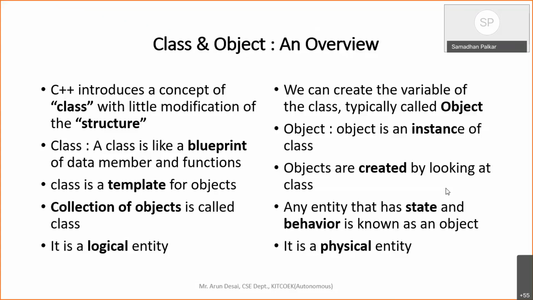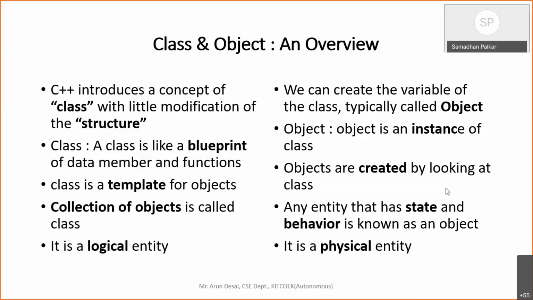It is simply a variable of the class. You can create a variable of that class, and that variable is called an object. So it is simply an instance; a class instance is an object.